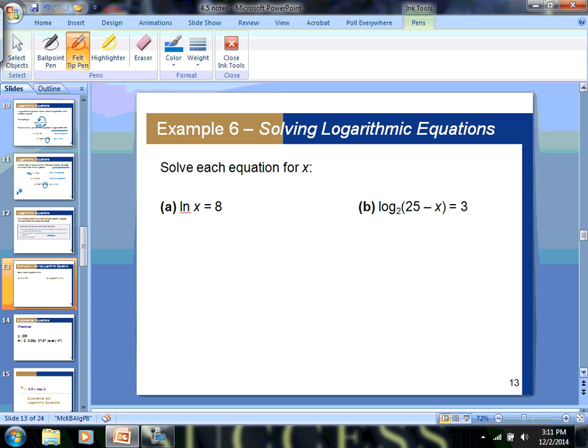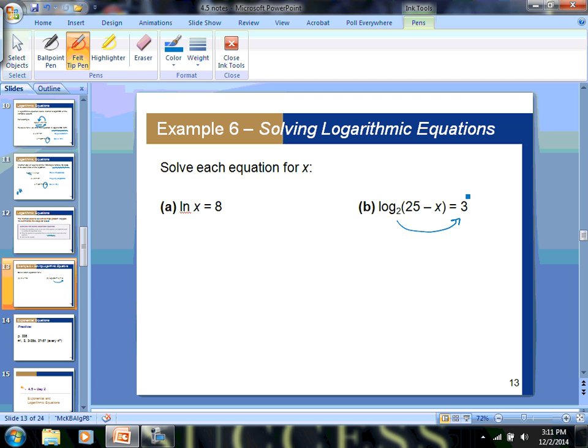Okay, so I'm going to start here. This is our last example. I'm going to start it with part B because that looks very similar to the problem that we just walked through. We have log base 2 of 25 minus x equals 3. So this one, since I have a base on my logarithm, it's set equal to something. I have a term here that I'm taking the log of.